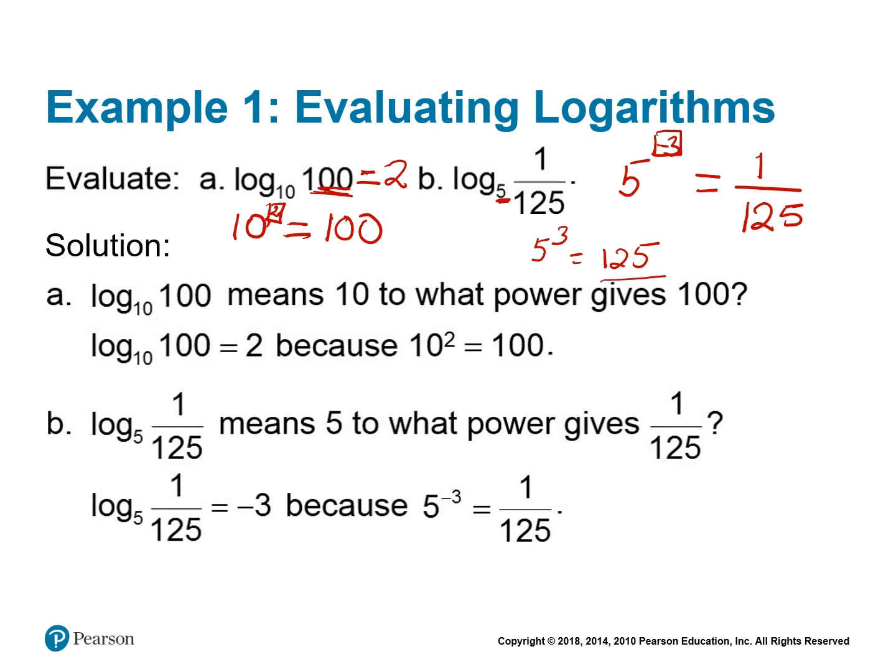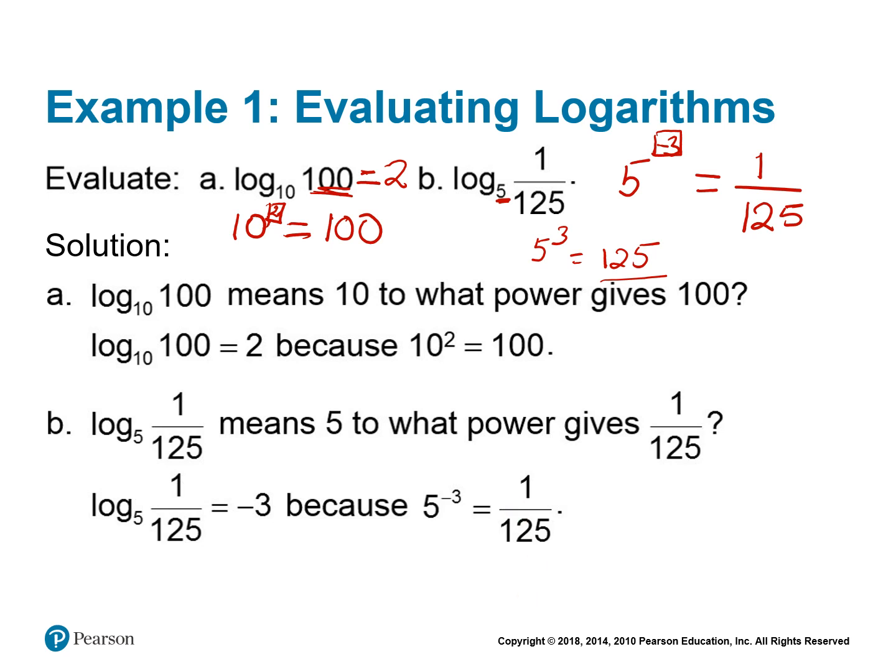125 will become 1 over 125 when the exponent is negative. So let's read what solution they have put here. It says log base 5 of 1 over 125 means 5 to what power, to what exponent gives 1 over 125? So log base 5 of 1 over 125 is negative 3, because 5 raised to negative 3 equals 1 over 125.